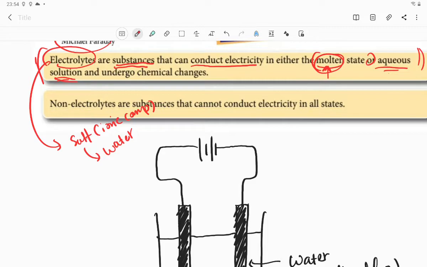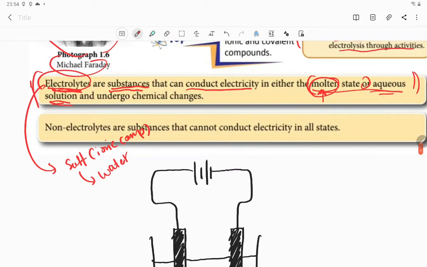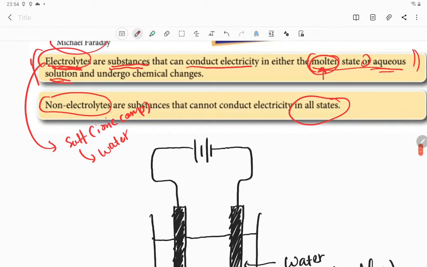Most ionic compounds can conduct electricity in molten and aqueous state. It is just repeated, but here for this new topic it stresses electrolytes. While non-electrolytes are substances that cannot conduct electricity in all states. Either in molten state or as a solution, it still cannot conduct electricity.